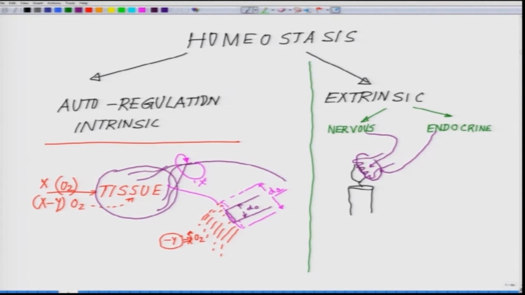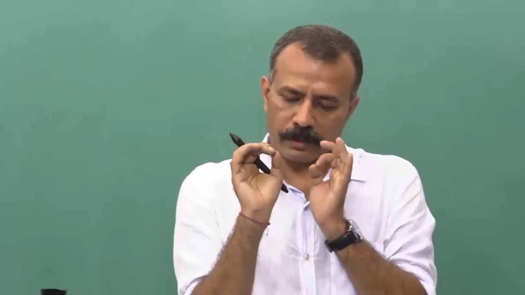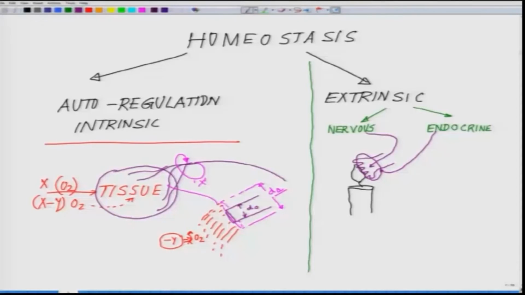It will not happen that you have the burning sensation all over your body. It will confine that burning sensation to that specific location. So this is governed by the nervous system or the endocrine system, or sometimes by both of them. Okay. So this is one example.